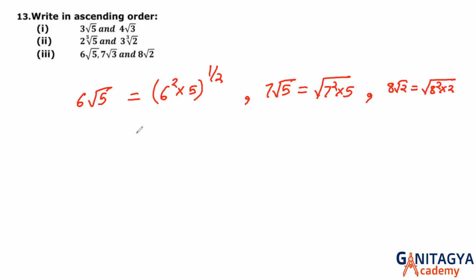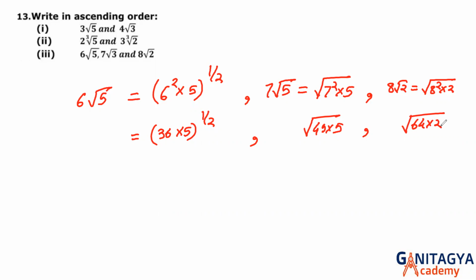So the first one is 36 into 5, its power 1 by 2. Second is 49 into 5, and the third one is 64 into 2. Now just compare and find it out.